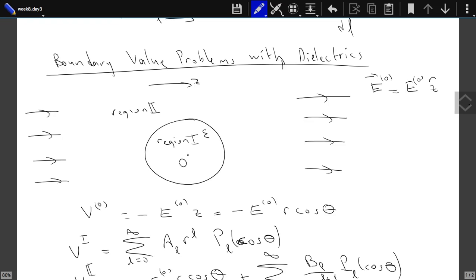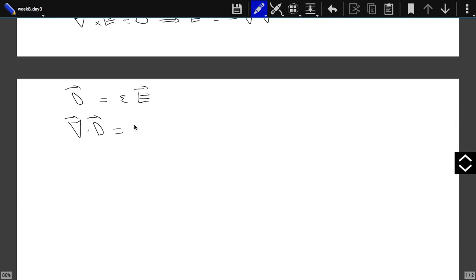Rho free? There's no rho free. We didn't put any charges. There are these charges at infinity that create this electric field, but I'm just looking at this region. In this region, there are no free charges. There are, of course, bound charges in the dielectric, but the divergence of the displacement field gives me only the free charges. Hence, this is equal to 0.